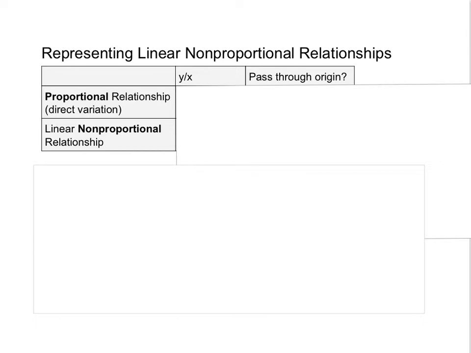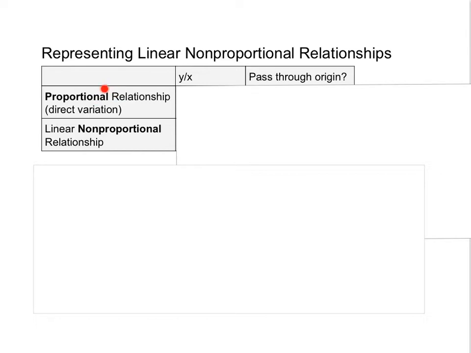In order to compare or contrast them, I'm going to look at two different things. One is the value of y over x, the ratio of one quantity to the other. The other one is, if you draw the graph of these two kinds of relationships, does the line pass through the origin? See if you can remember that. For a proportional relationship, what is y over x?